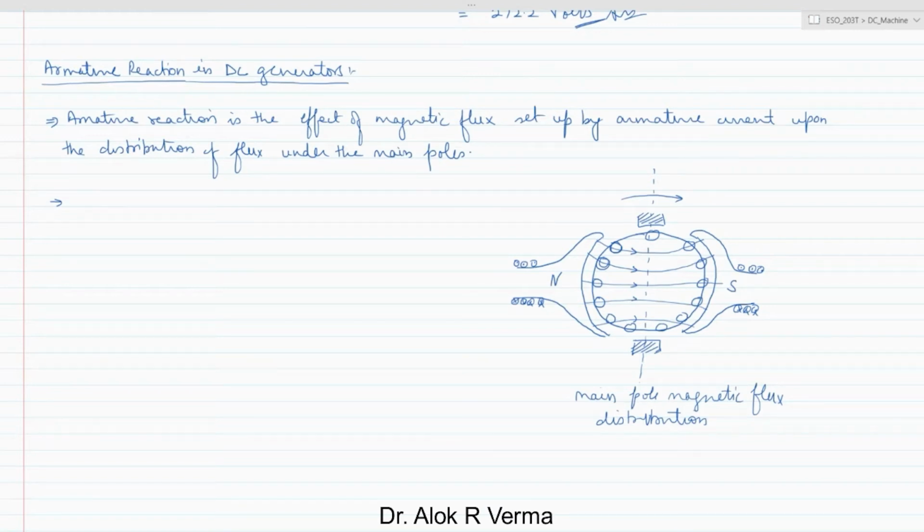Now the main point in this case is the magnetic neutral axis. So this axis is the magnetic neutral axis and geometrical neutral axis.